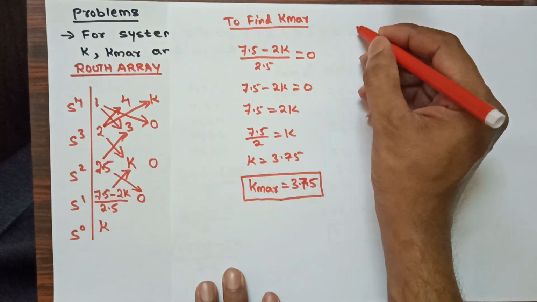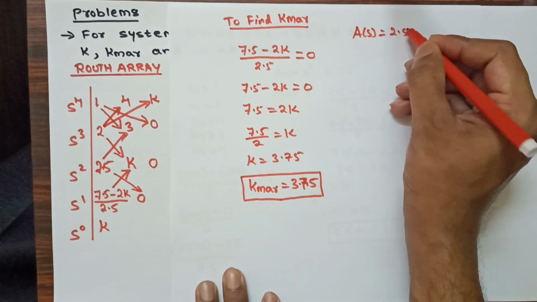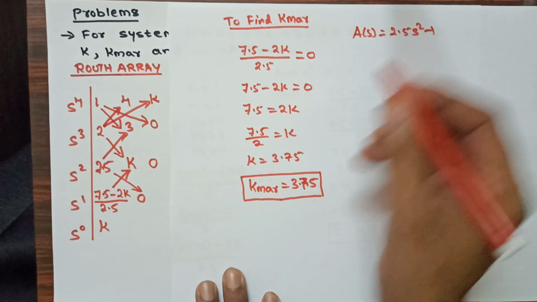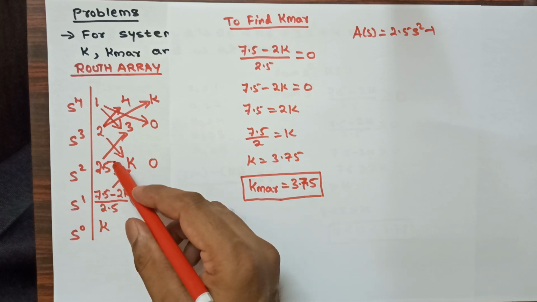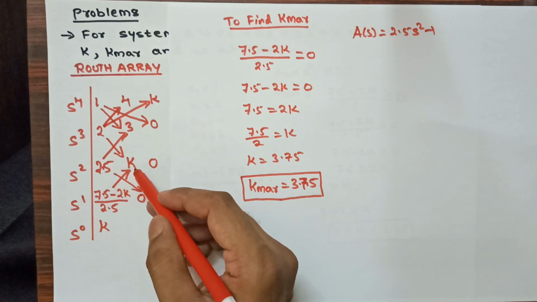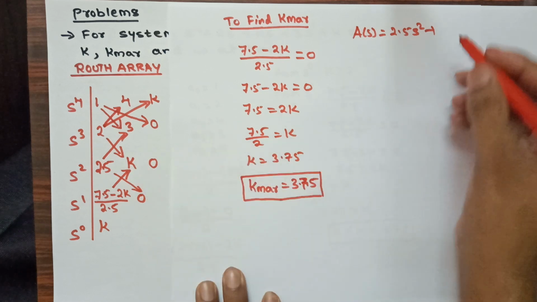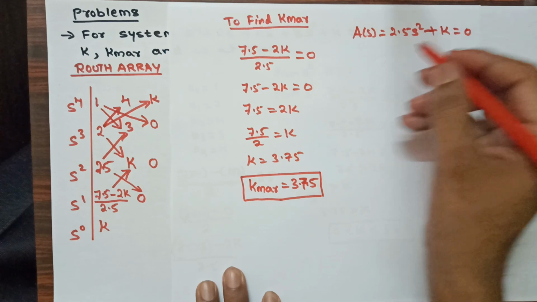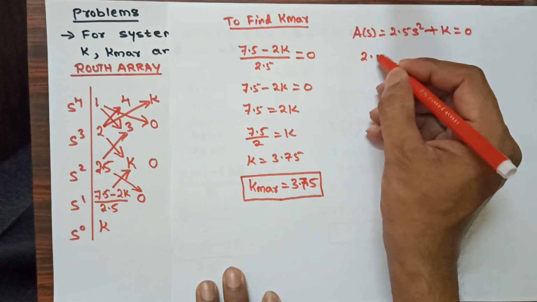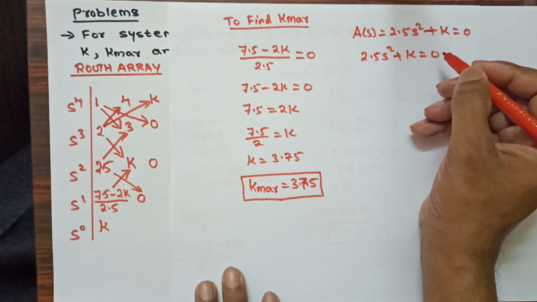First we are going to consider A of s is equivalent to 2.5 s square plus the next value. You can see that the alternate of s to the power 2 is s to the power 0, which is 1 into k. So next value I am writing k. Now I got the auxiliary equation, that is 2.5 s to the power 2 plus k is equivalent to 0.